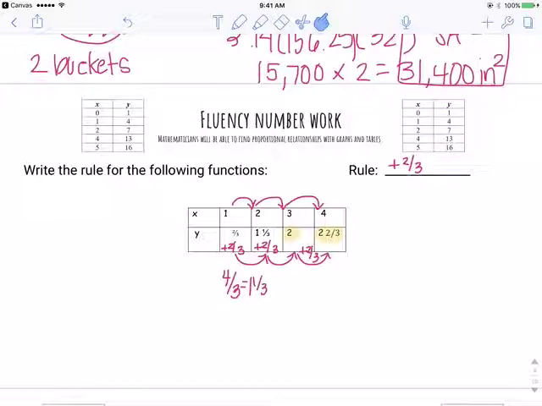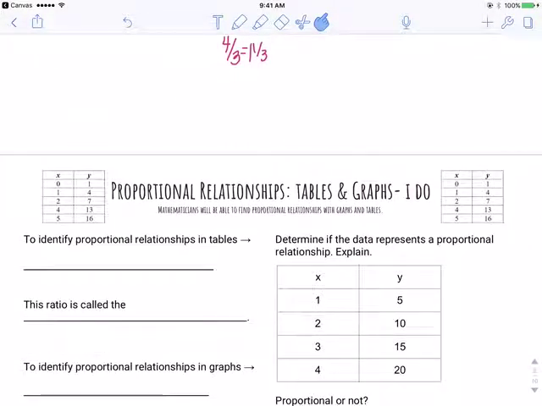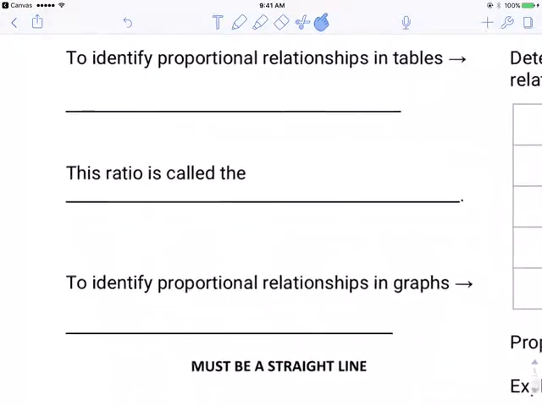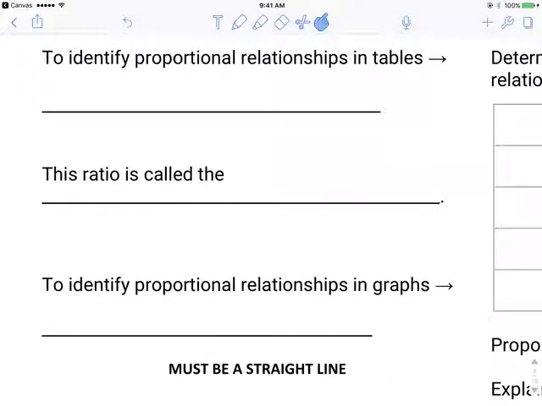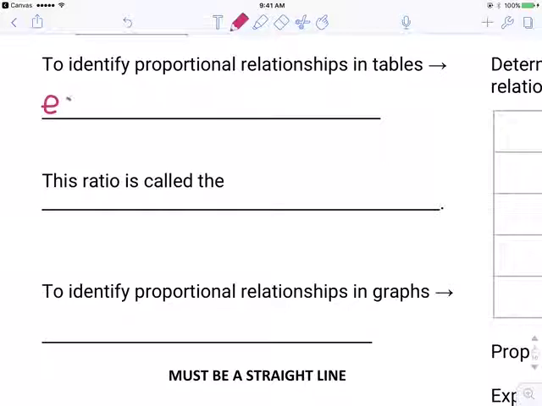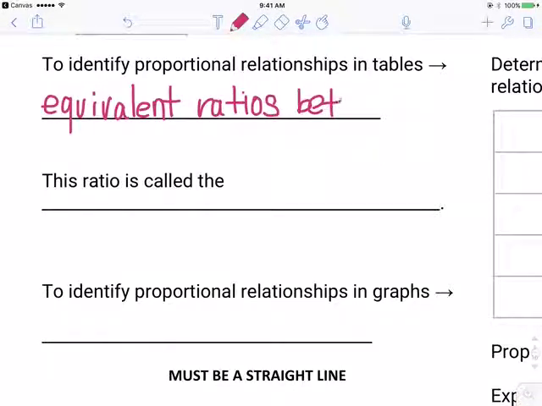All right, moving on to today's lesson. We're going to talk about proportional relationships with tables and graphs. So I'm going to take a look at some vocab first. To identify a proportional relationship with a table, I have to have equivalent ratios going across the table between x and y.